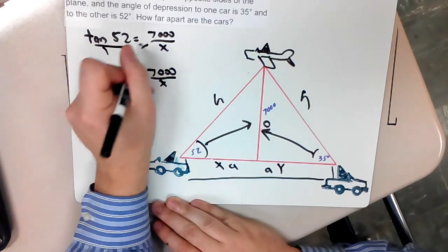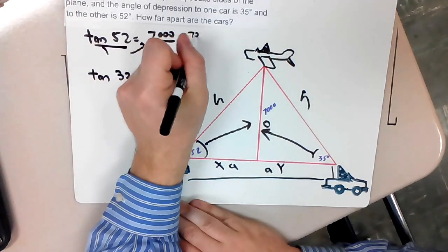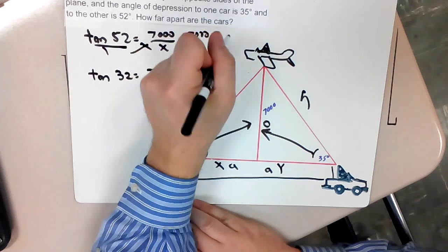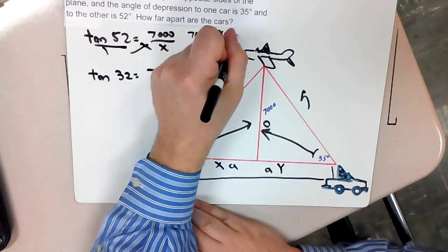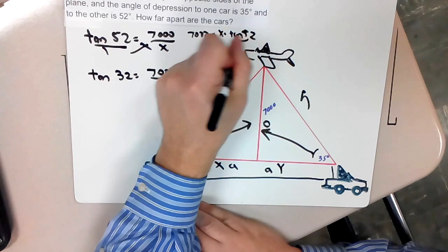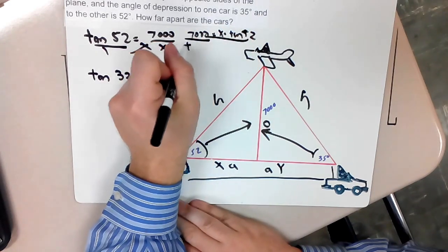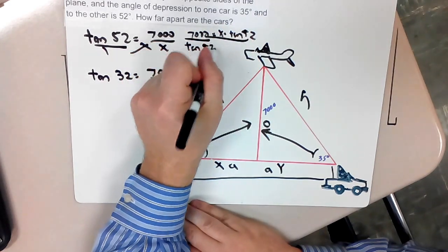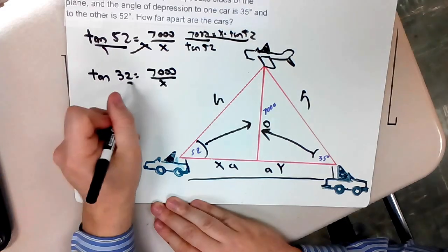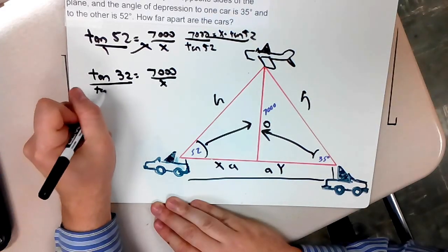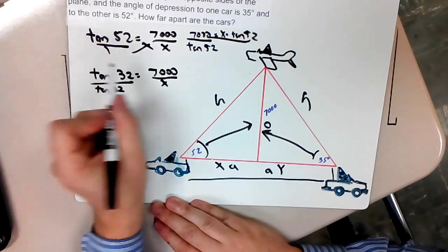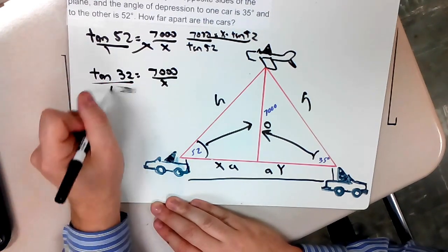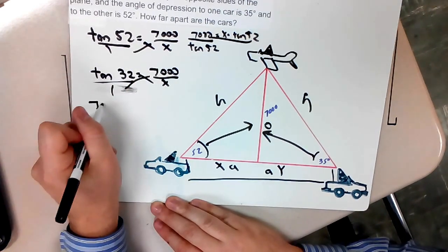I'm going to cross multiply, so 7,000 equals x times tan 52. And now I'm going to divide by tan 52. This one, same thing, tan 32, cross multiply, 7,000.